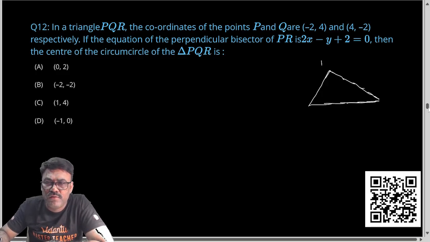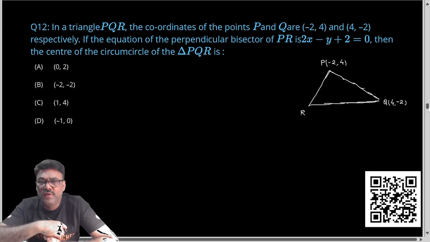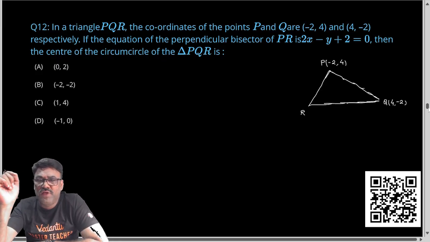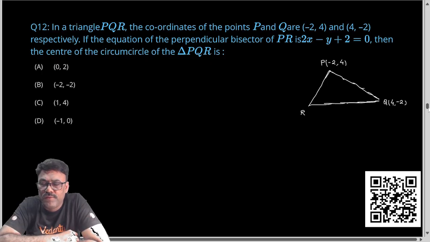This is P point, minus 2 comma 4. This is Q point, 4 comma minus 2, and this is R point. And we need the circumcenter, the center of the circumcircle of triangle PQR.